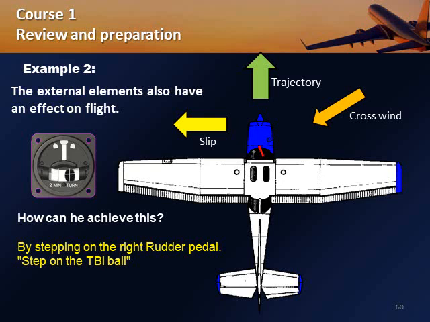So the TBI is the turn and bank indicator. You've probably seen this in the instrument class already, so I won't get too much into details.